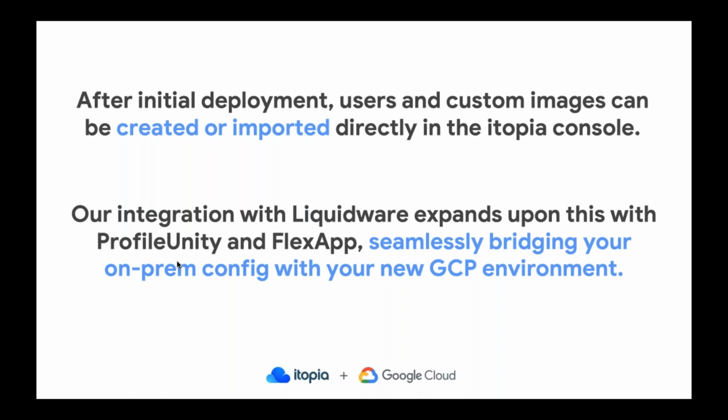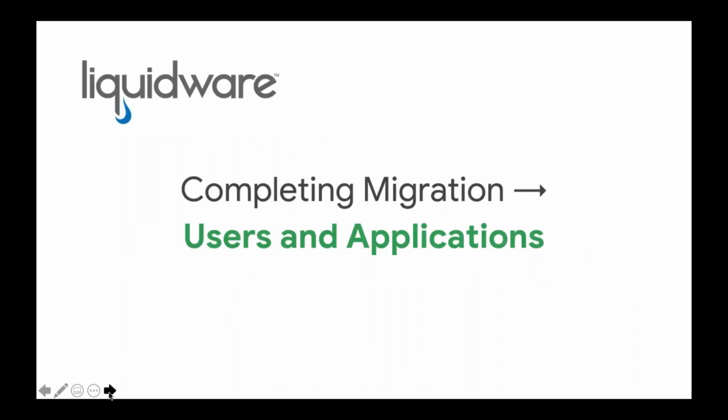And really, what happens at this point, the integration with Liquidware starts to expand by bringing in things like their ProfileUnity, their FlexApp, where we seamlessly bridge your on-prem environments and configurations, and really optimize them now for this new Google Cloud environment. So in that place, I'll pass it back to Thomas, who can really address how we complete the migration after we've spun up this initial environment.